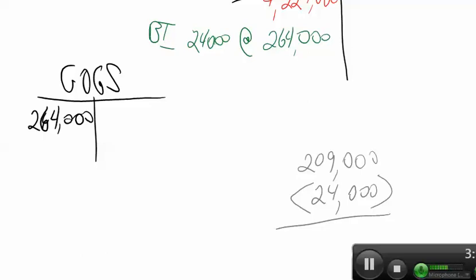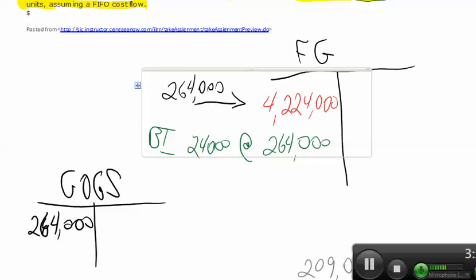So how many units did I manufacture and sell during the period? Well, I can subtract 24,000 from the 209,000, and that's going to give me 185,000 units. So of the units here, this 264,000, 185,000 units were sold. Well, what was the cost of those? Let's make that calculation.